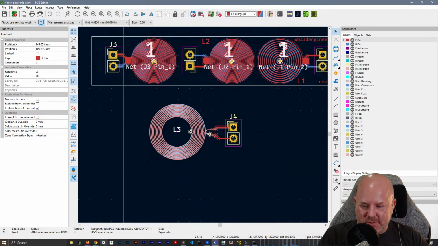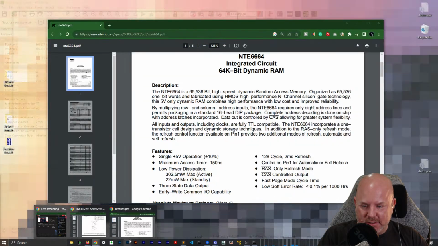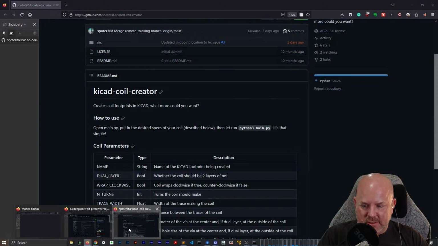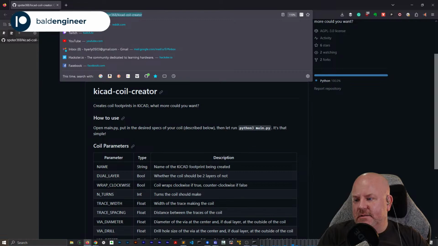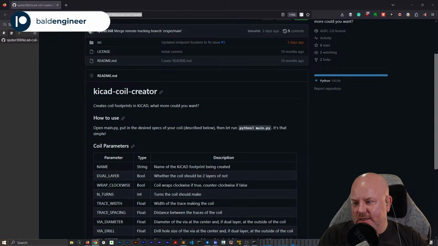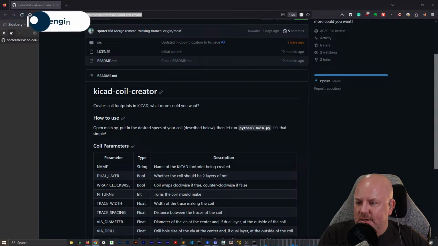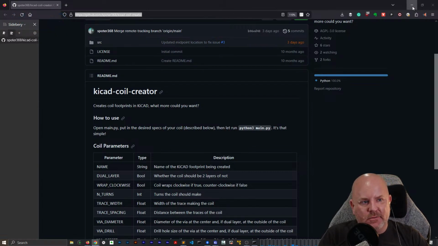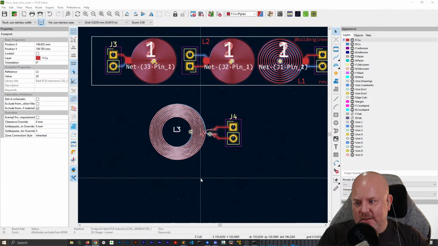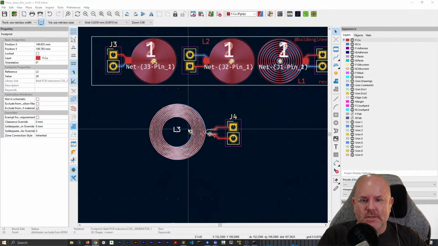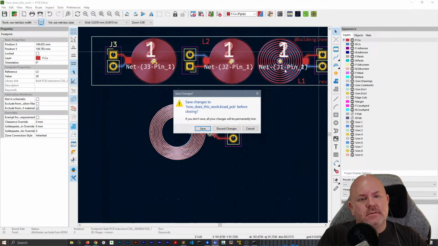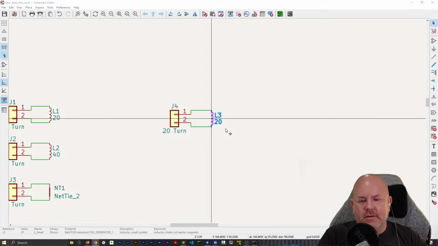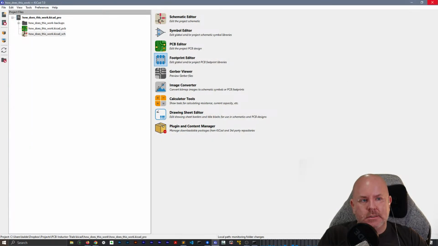I'll share this. This was on, gosh, why is that so lagged? This was on the KiCad Reddit, and it just came up like yesterday, I think. I was like, hey, that's exactly what I want. So cool. That'll be something I play with more later.